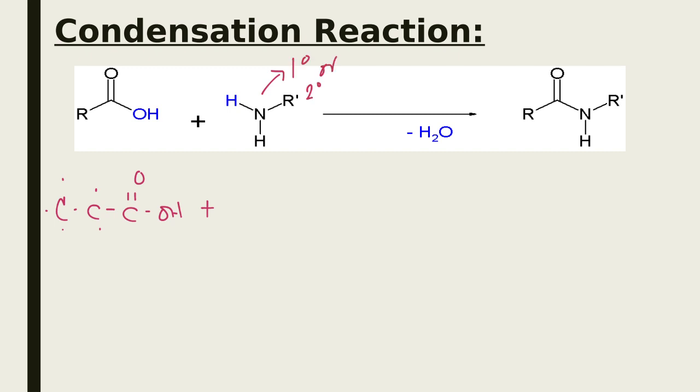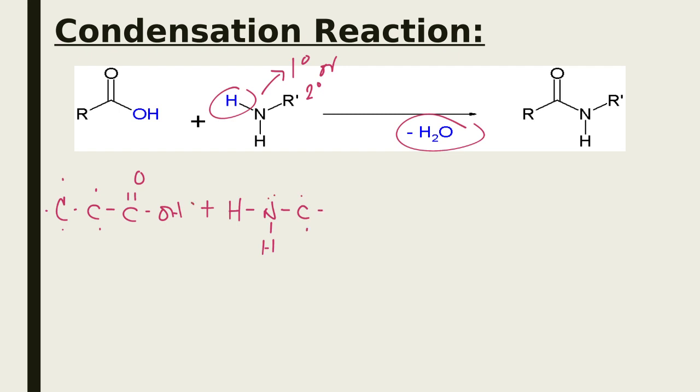Okay, it won't work with a tertiary because you've got to pull out the water molecule. Okay, so you got to pull off a hydrogen off of that amine. So what I'll do is let's do a primary amine. So we'll do here, methanamine.